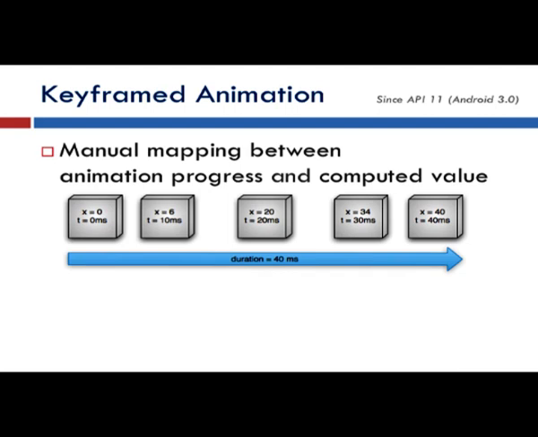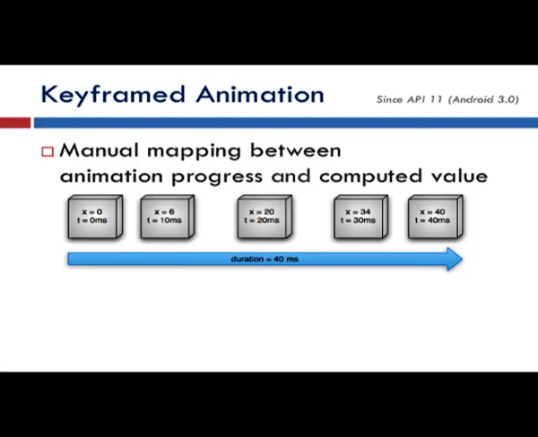Now if you don't want any time interpolation, but you want to manually specify that initially my object will be at position 250, and at time equal to 250 milliseconds my object will be at some other position, these things can be specified using keyframes.